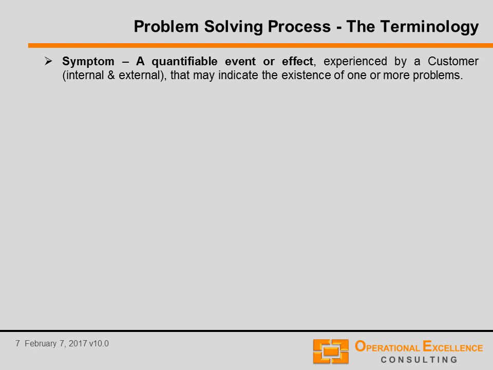A symptom is, as you see here, a quantifiable event or effect, something that an internal or an external customer experiences. For example, a product doesn't work, or a delivery is coming late, or the invoice that you receive from a company is wrong, or you received the wrong product. We would call that a symptom that there's somewhere a problem that we may need to solve.